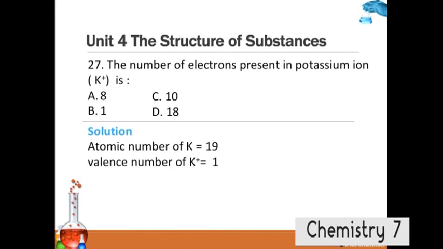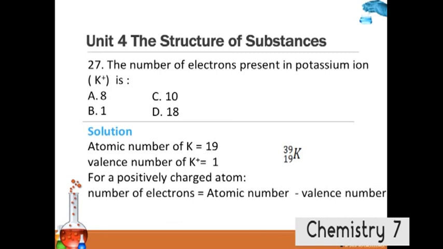The valence number of K+ is 1. For a positively charged atom, the number of electrons is the atomic number minus the valence number. So the number of electrons is 19 minus 1 equals 18. The answer is D, 18.